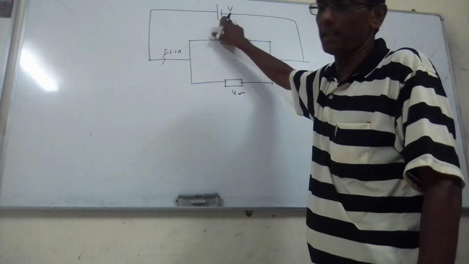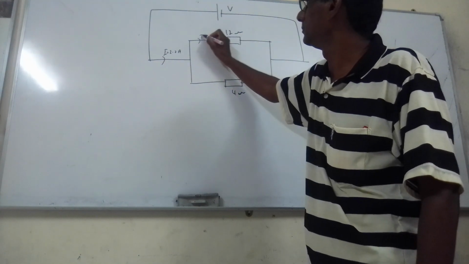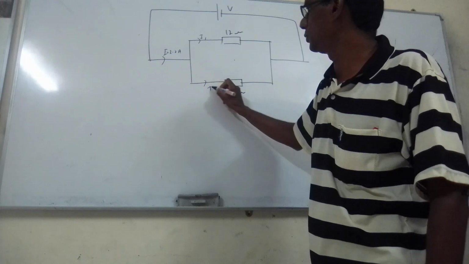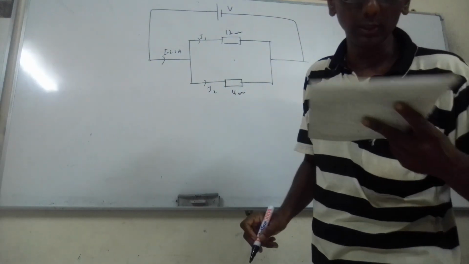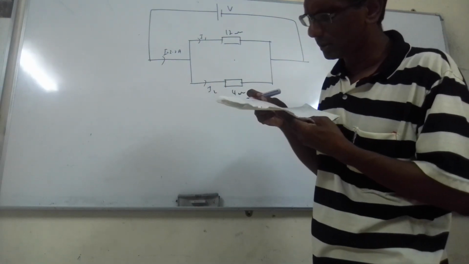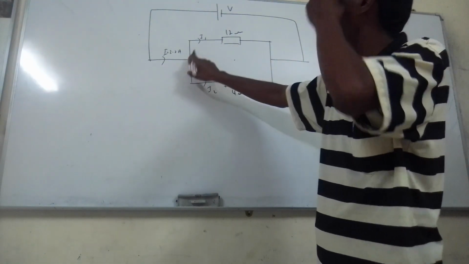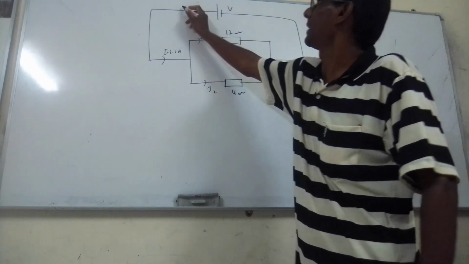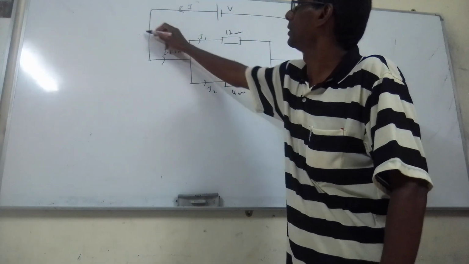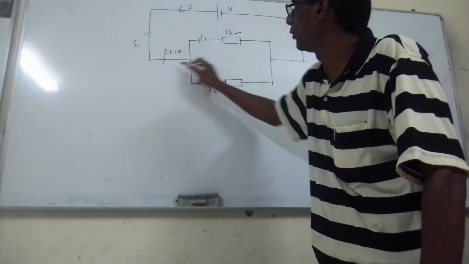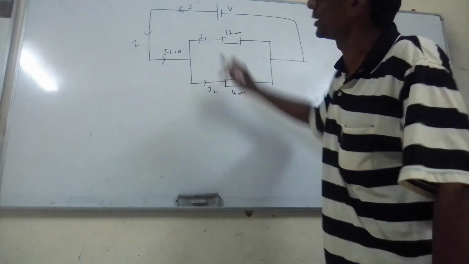This one is I1 and this one is I2, because the current is splitting. This is I, the total current flowing. The 2 ampere flows and splits into I1 and I2.